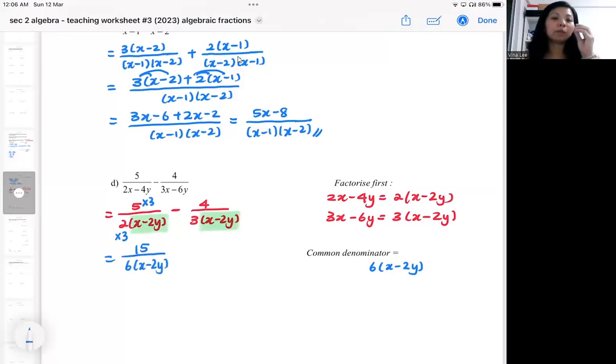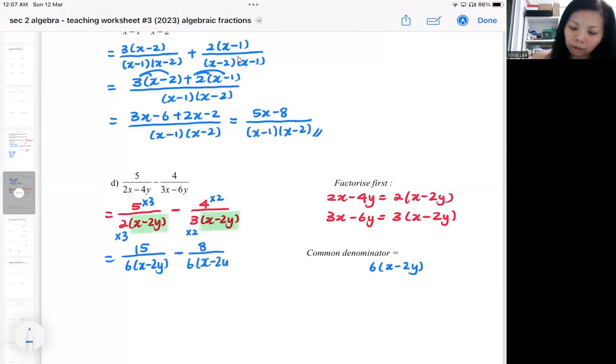My objective is to make the same denominator. The bracket is already the same, so I'm not going to touch the bracket since the two of them have an identical bracket. I just focus on making the number the same. Once I get the same denominator, I can simply do a subtraction. So I will get 7 over 6 times the bracket x minus 2y.